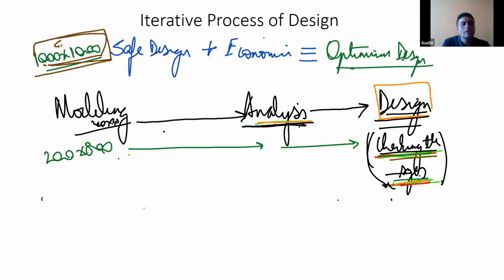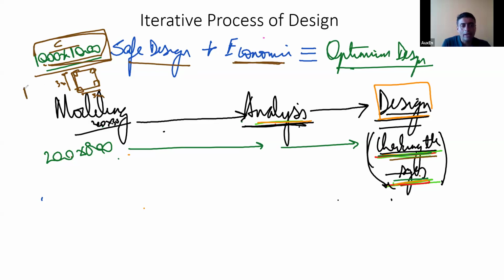Just if I ask you this, will a column size of 1000 mm by 1000 mm be safe for a G+1 structure which has a bay size of 3 meter by 3 meter? It will be safe, but it will not be economic. So therefore, we don't have to think only about safety, but we also have to think about the economics.